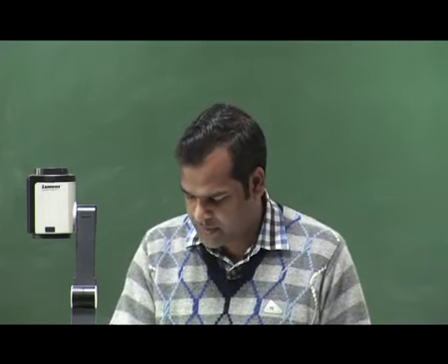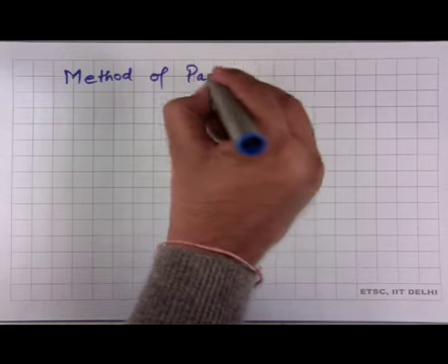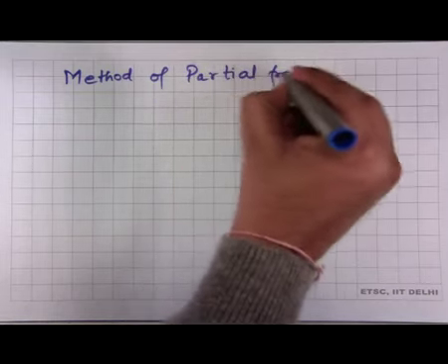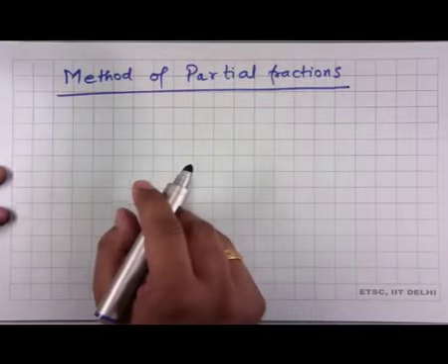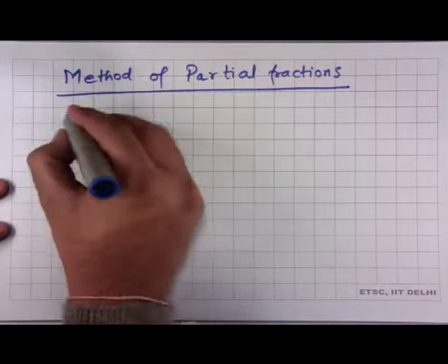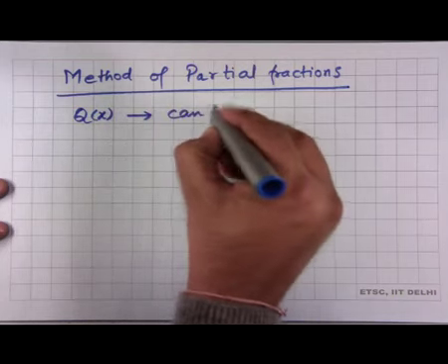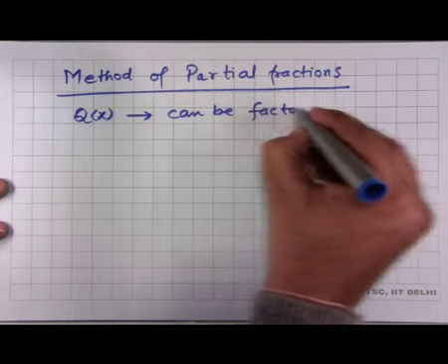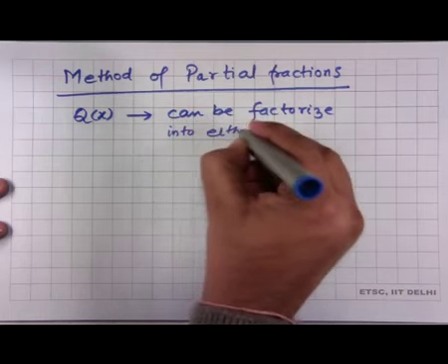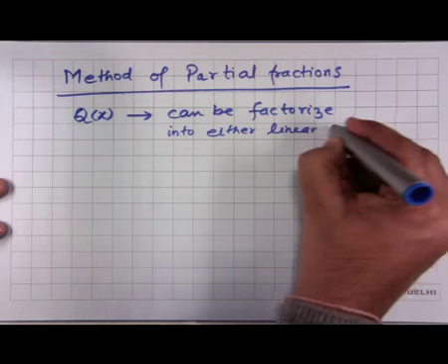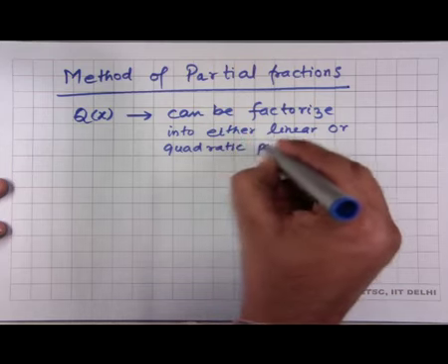So, for the method of partial fractions, what we assume is that the denominator polynomial Q(x) can be factorized into either linear or quadratic polynomials.